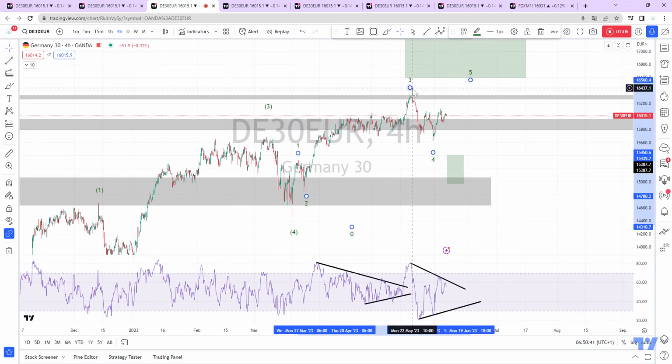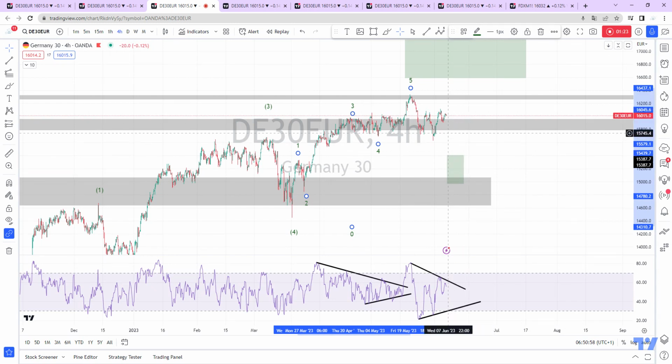But I have to share with you that this count would actually be equally valid, so that the high is in and that we go down from here.